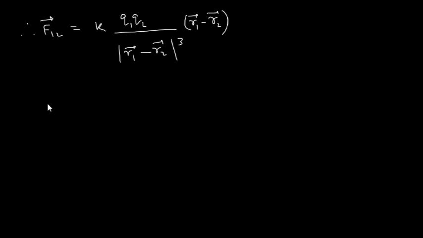The above equation holds for all the conditions where the charge is positive or negative. If Q1 and Q2 have the same sign, that is, both of them are positive or both of them are negative, then F12 is along r12, which denotes repulsive force.